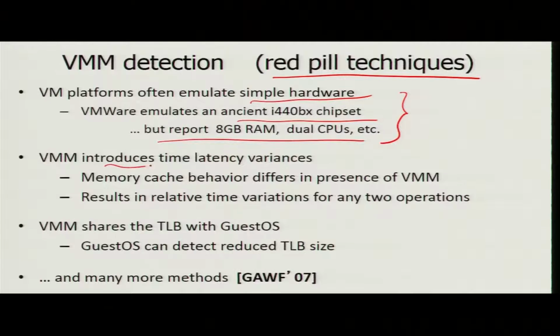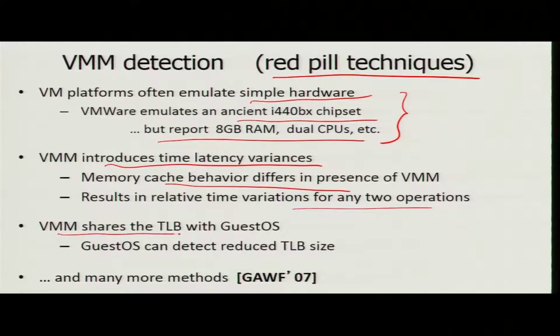Also, there would be time latency variances. So, memory cache behavior. You can fingerprint the operating system and see what its cache behavior is supposed to be, but when you are mediated by a virtual machine, this behavior will be different in terms of latency, and therefore you can detect that.